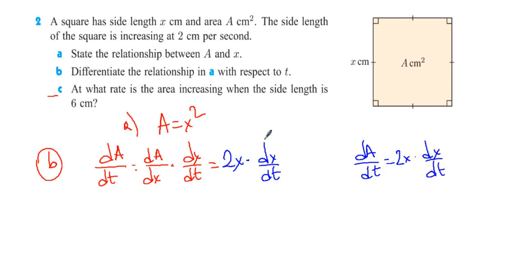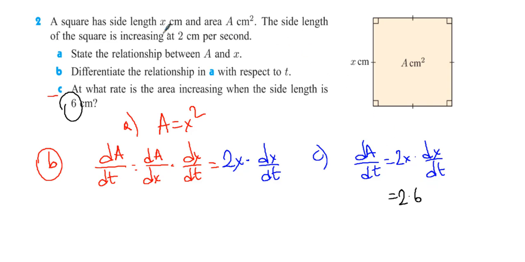Now let's try to answer question number C. It says, at what rate is the area increasing when the side length is 6 centimeters? So what do we need to do? Instead of x, I'll put this 6.